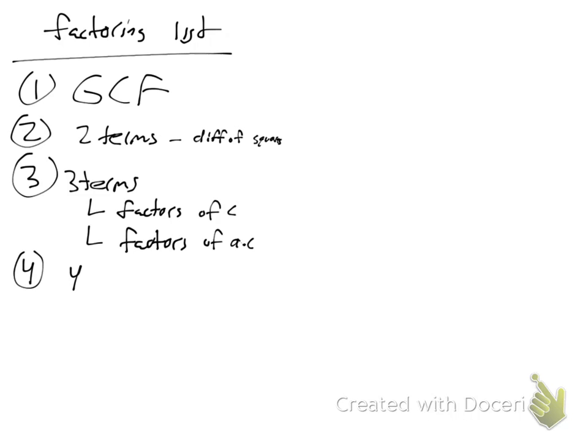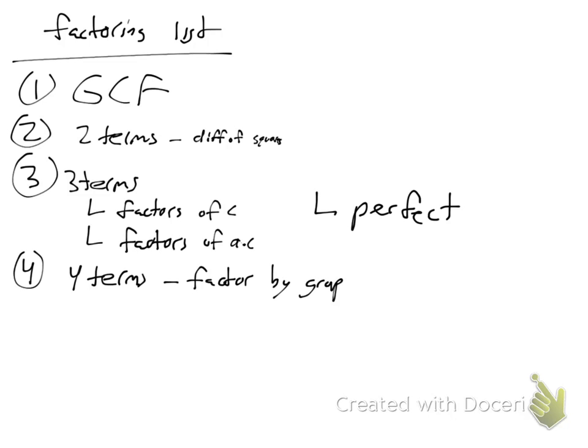Fourth one, what happens if there are 4 terms? That's where you do factor by grouping. And 5, actually, I'm going to back up here. We can add 1 to the 3. Look for perfect squares. Perfect square trinomials. So that's kind of your list of things.